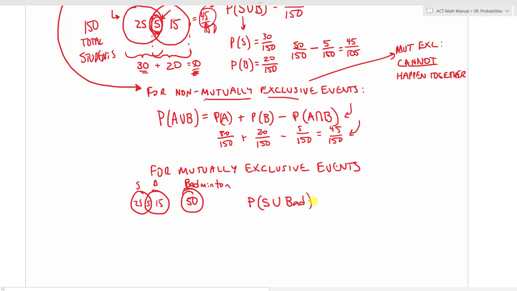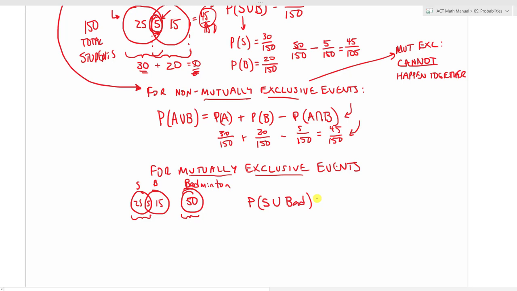Well, in this case, since there's no overlap between the soccer circle and the badminton circle, there is no way that we could pick a student who satisfies both soccer and badminton. In other words, these are mutually exclusive events. If I pick a soccer player, I cannot pick a badminton player, and if I pick a badminton player, I cannot pick a soccer player because, again, they don't overlap.